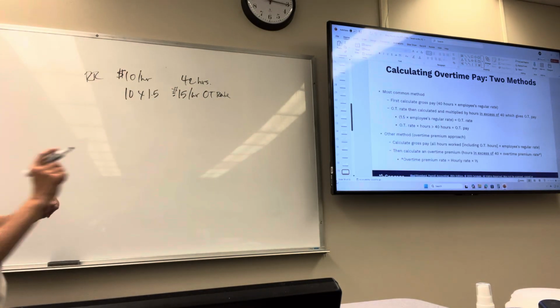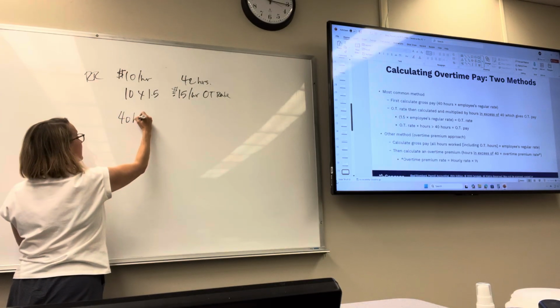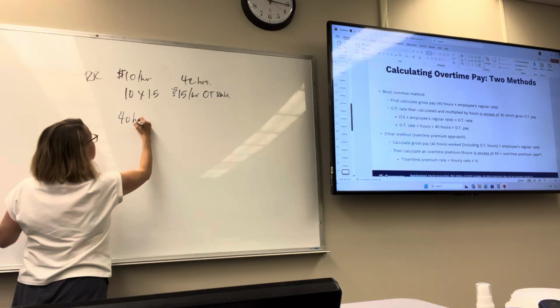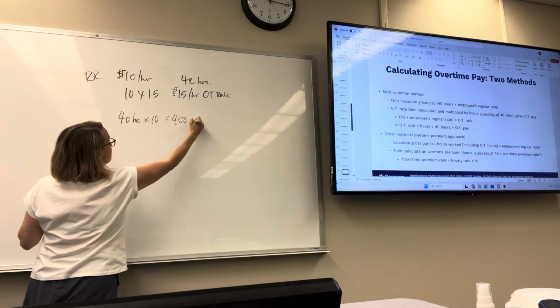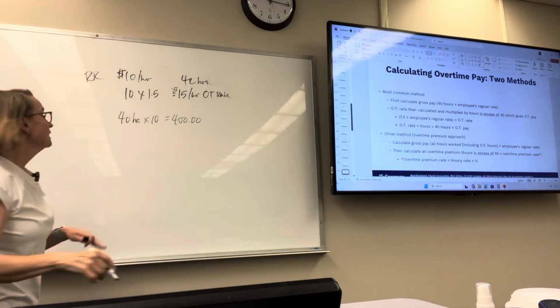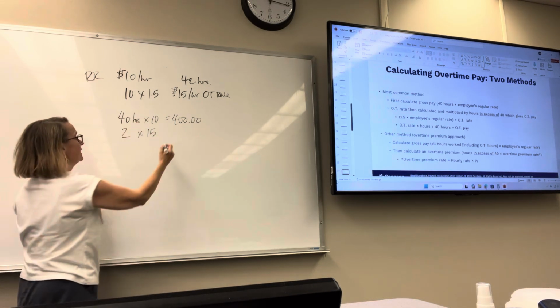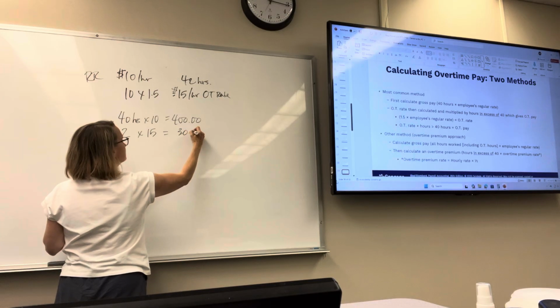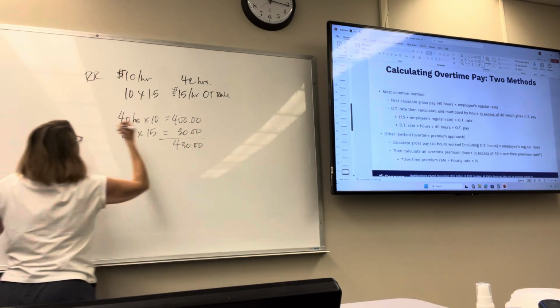40 times 10, okay. So that's the 40 hours that we worked at regular time. That's $400. And then what? All right, 2 times 15, our overtime rate, $30, for a total of $430. This is our common method.